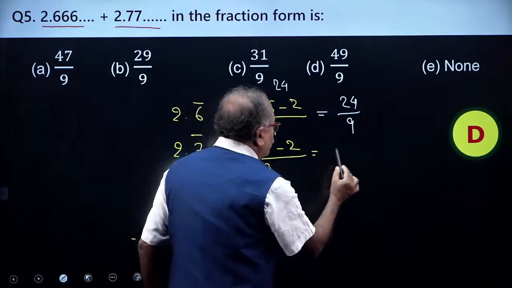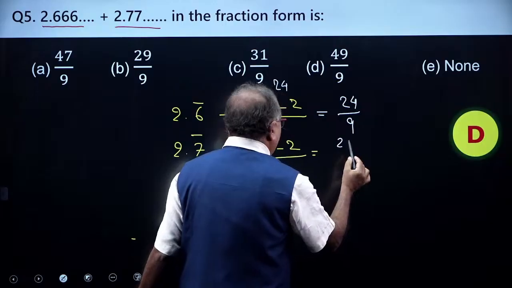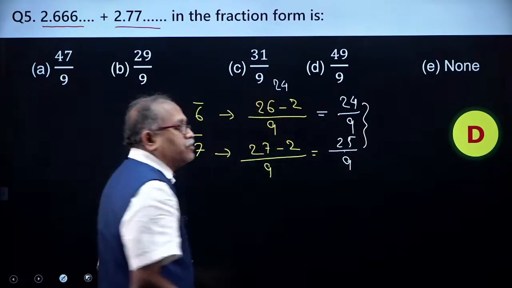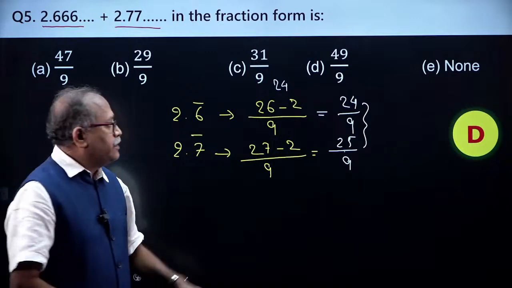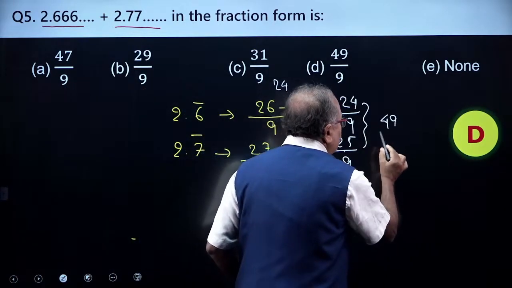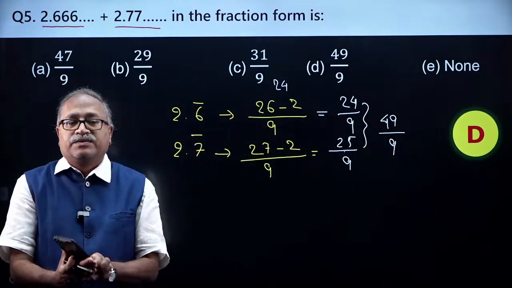So I will be getting over here 25 by 9. So when I add up this one, both the denominators are 9. So 24 plus 25, that's 49 by 9, which Aman has rightly answered.